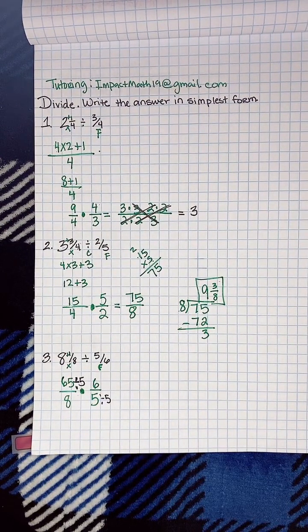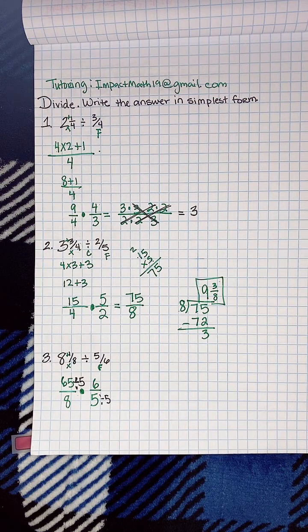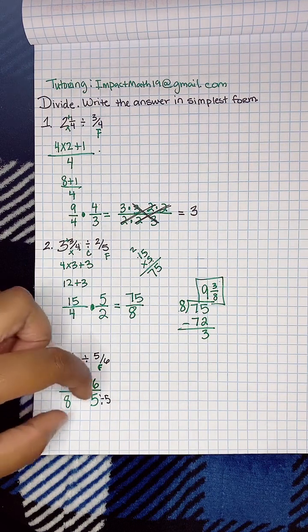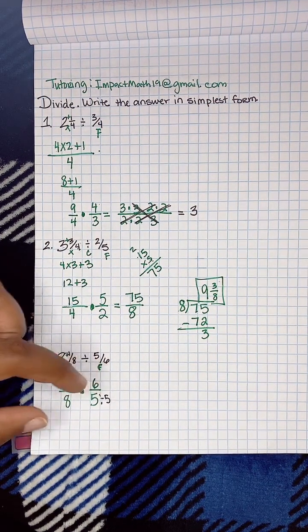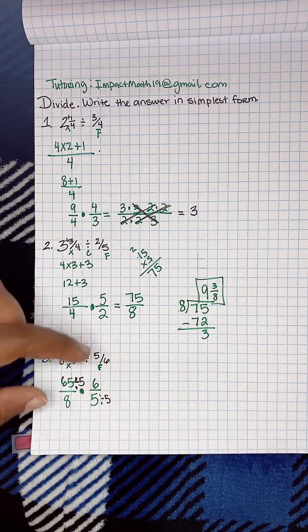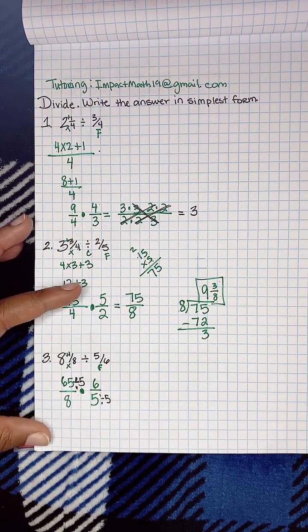Does anybody see anything else we can simplify? Kelsey, thank you. You're telling me this is 13? Love it. The 6 and the 8. Good. What number can go into 6 and 8? 2. Divide by 2.